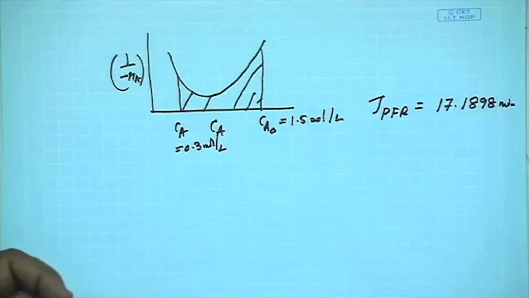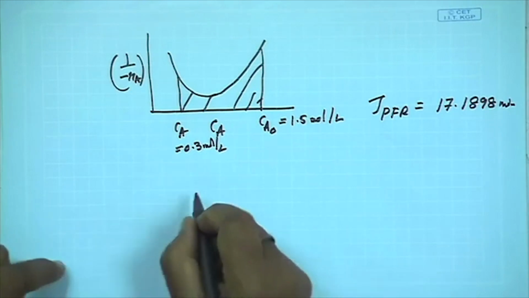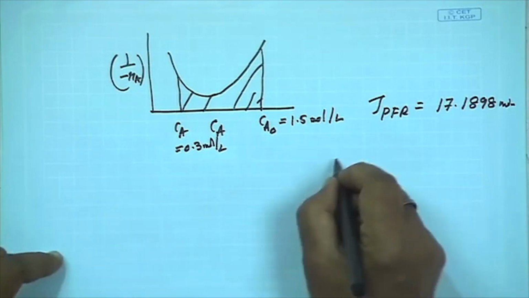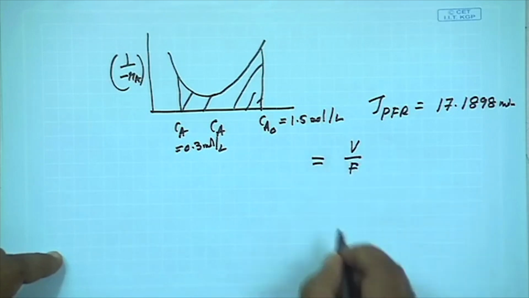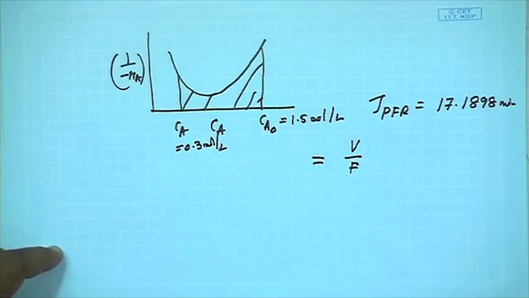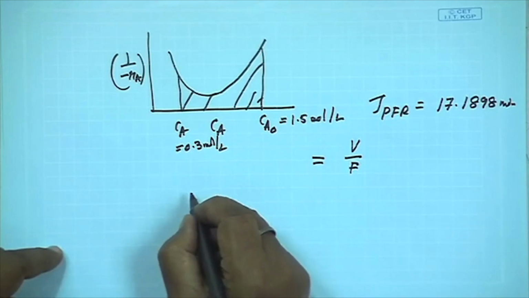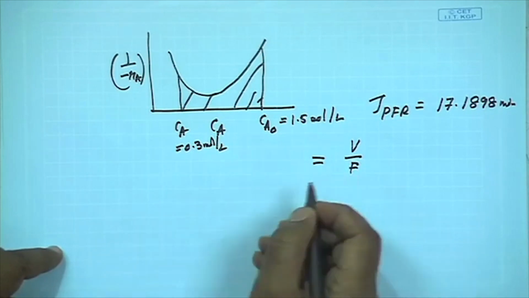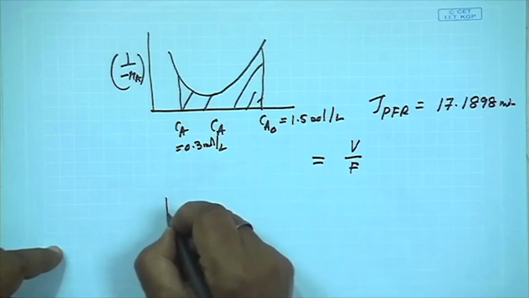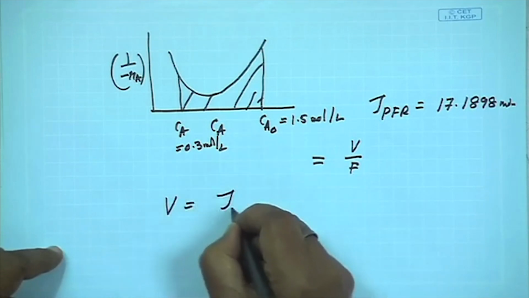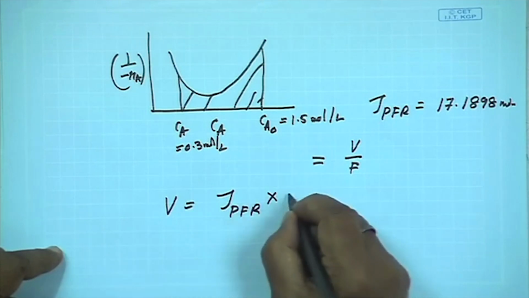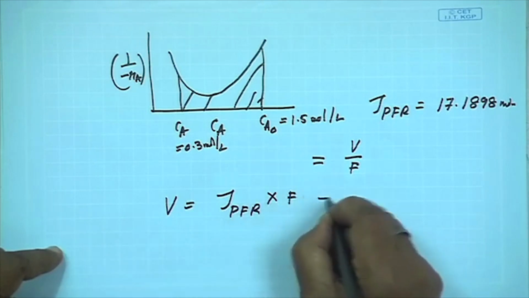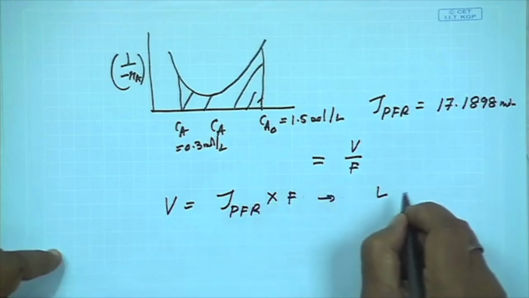Now, we have already seen that tau is equal to V by F, and I have already shown you how we can calculate F. So if you find out the value of F, V will be tau plug flow reactor into F, and you can find it in liters.